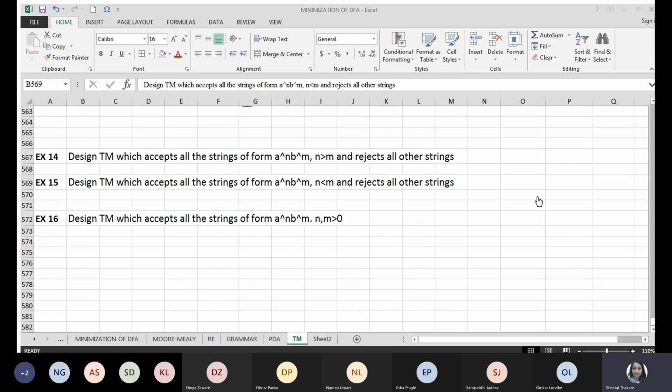It's always better to start with visual representation in both the cases. Suppose 3 A's are there and 2 B's are there, and next variation, say 3 A's are there but 4 B's are there.